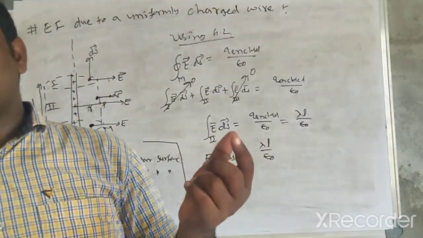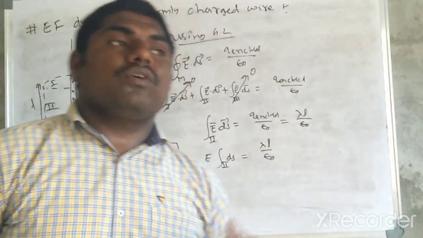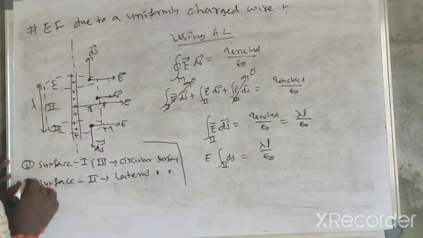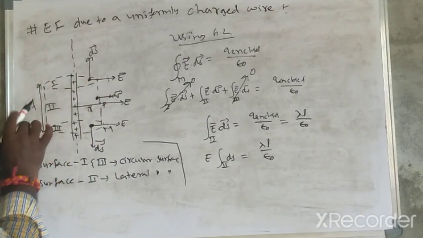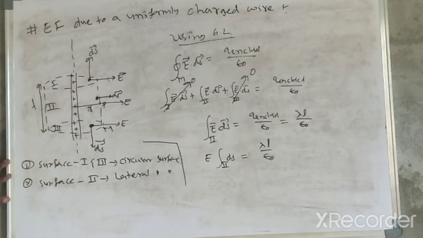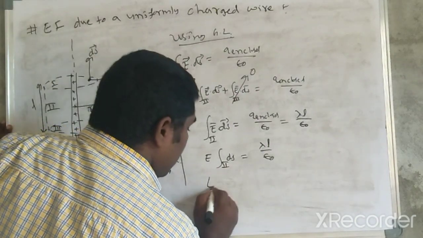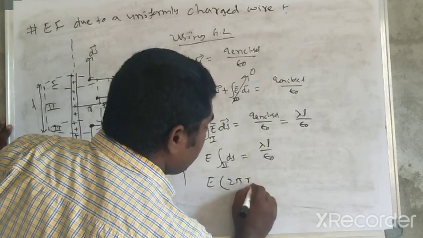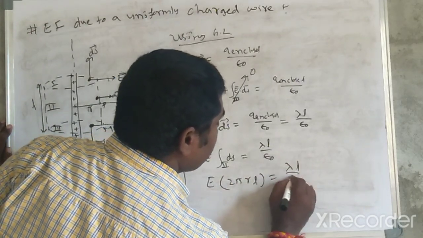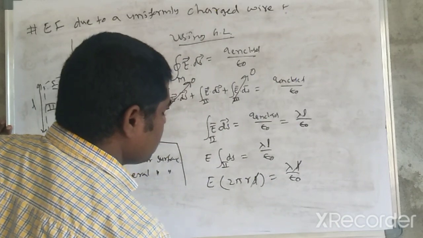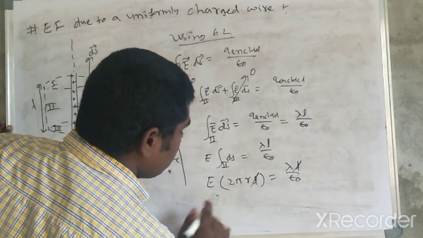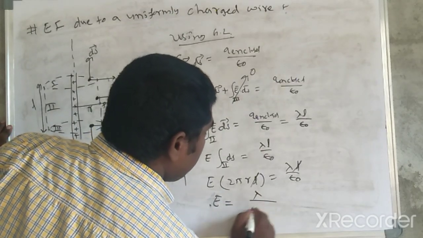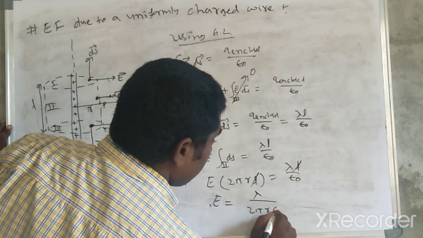Here one dimensional, so the area is nothing but this small distance L, length into this L. So electric field into this cylindrical area, which is 2 pi r into L, is equal to lambda L by epsilon naught. L gets cancelled.